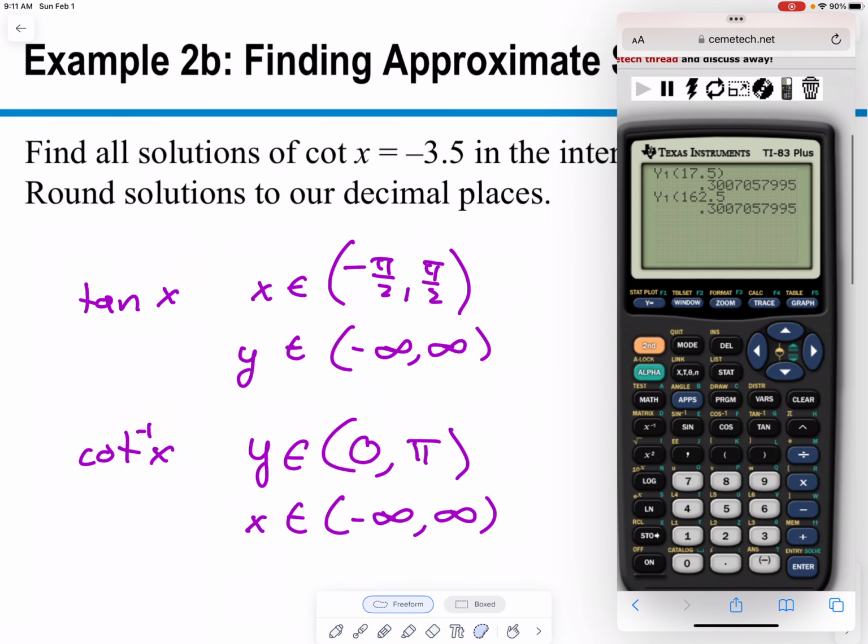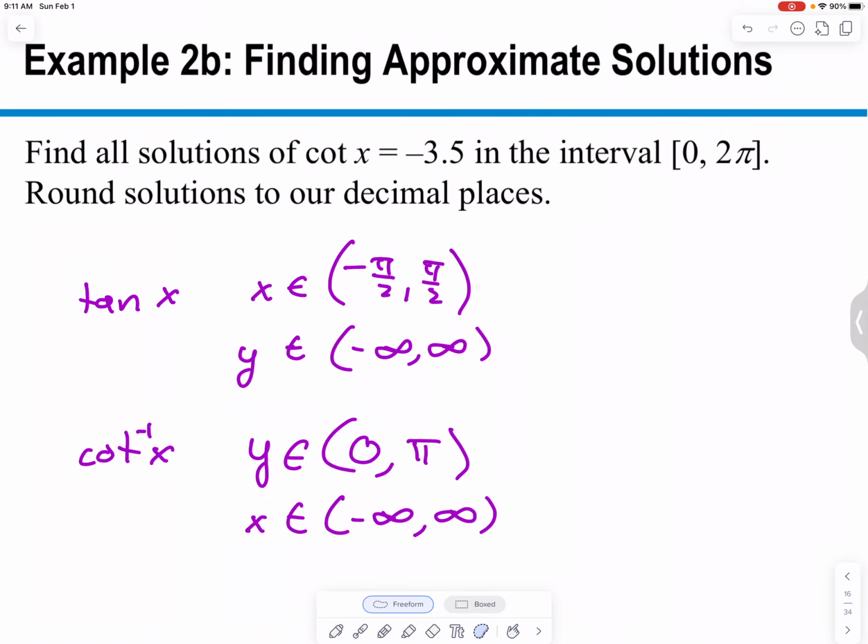Now for cotan, let me think about this. Cofunction. Cotan should be the same as what? Tan of 90 minus x. That's the cofunction property. I think that's how that goes. Hopefully I'm remembering that properly.